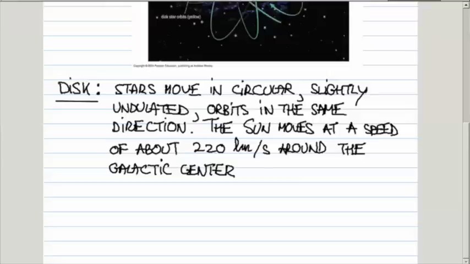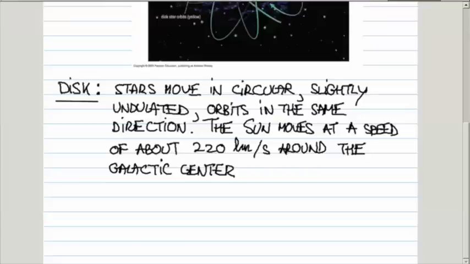And basically, you determine that from the Doppler shifts of the light that we receive from neighboring stars and different parts of the galaxy. By collecting all these data, you can actually figure out the speed of the sun and us moving around the galactic center.